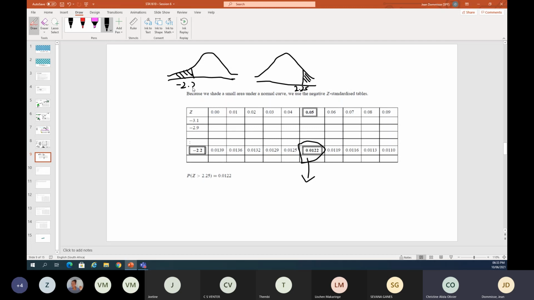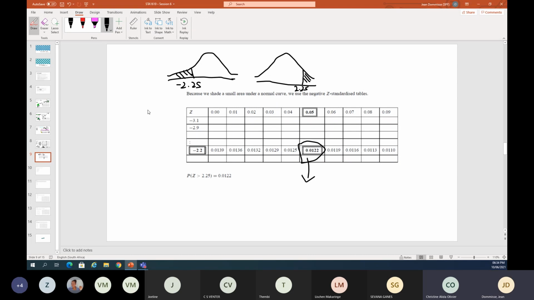That is basically the definition of a normal distribution. Yes, question. Jean? Yes, I was wondering, if you have your probabilities up there, can you just say 1 minus 2.25? Will it give you the same answer?